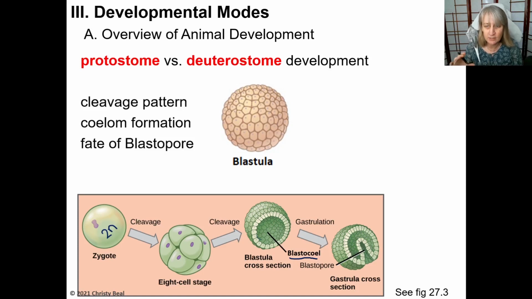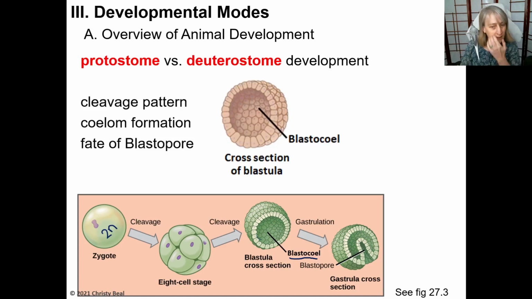It's just there because the ball is a ball. It has a space inside. When we look inside of this blastula, I want you to take a note that the blastocele does not become anything in the final embryo. It's just a function of having a hollow ball of cells.